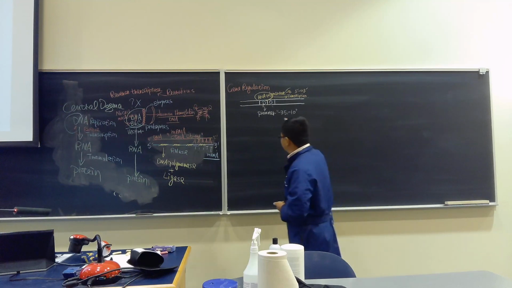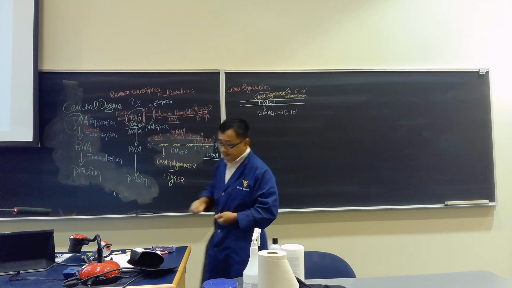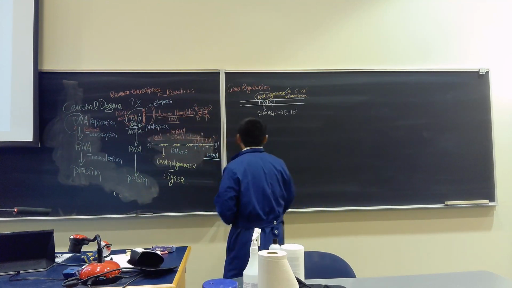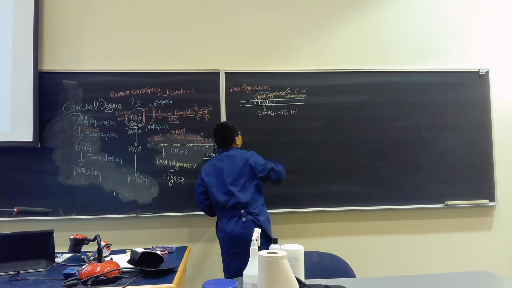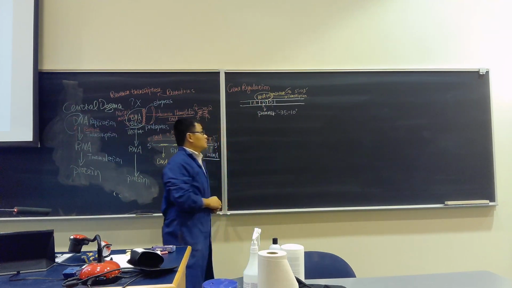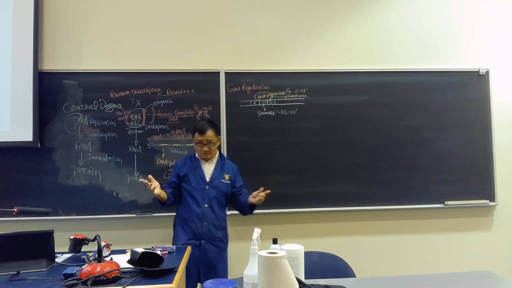Something could also happen on the left side, and that position we usually call the activator protein binding site. So I'll just write it as A. It's easy. You can understand this.